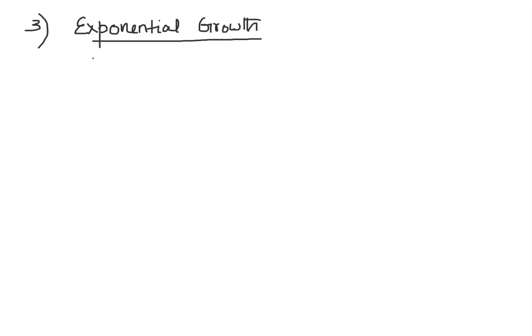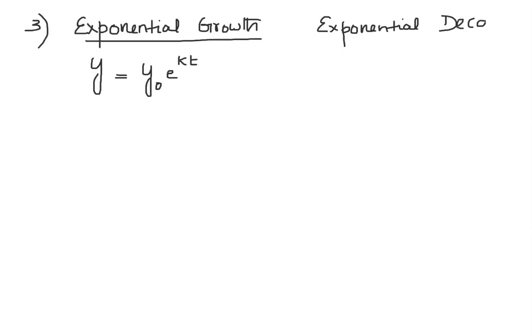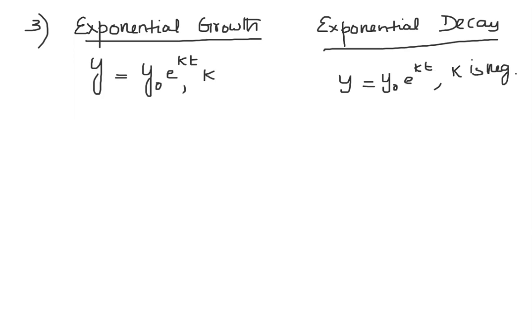We have to use y equals y0 e to the power kt, where k is a constant. And for exponential decay, we have to use the same thing. Here, k is a negative constant, and here k is the positive constant. That's the only difference.